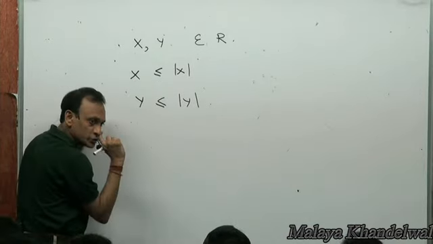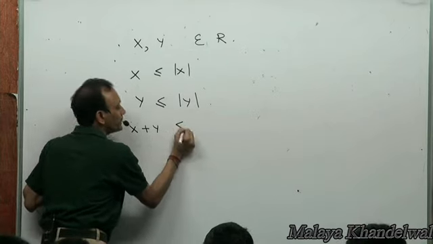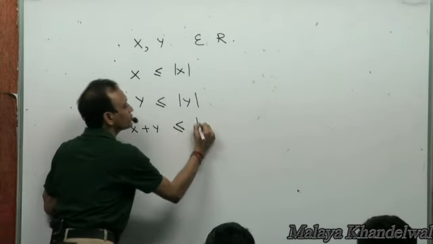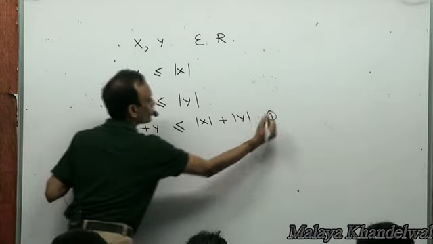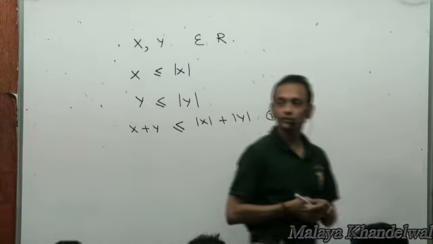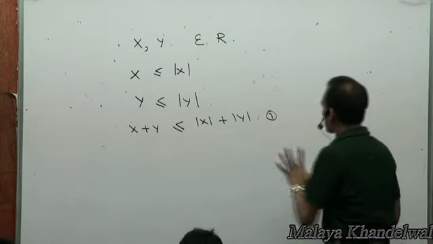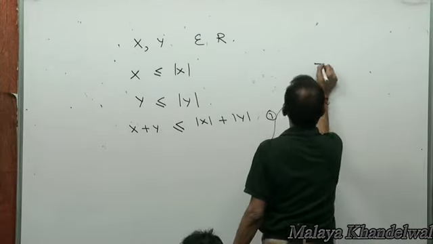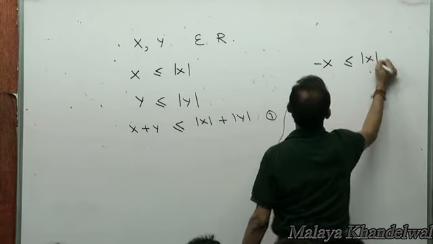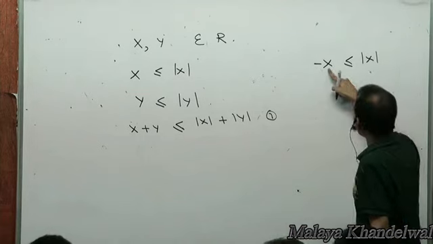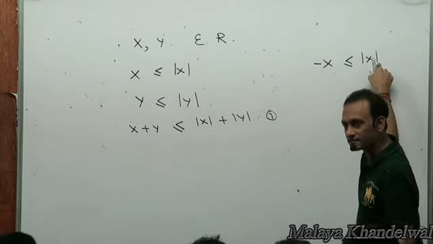Now if I add these two, x plus y will be less than or equal to mod x plus mod y. Can this be said? Right. Okay. Now, can I also say this? Minus x also cannot exceed mod x. If x is negative, at best, minus x will be equal to mod x.